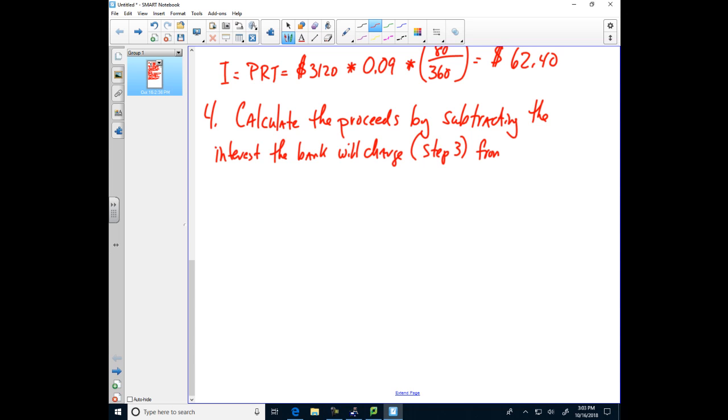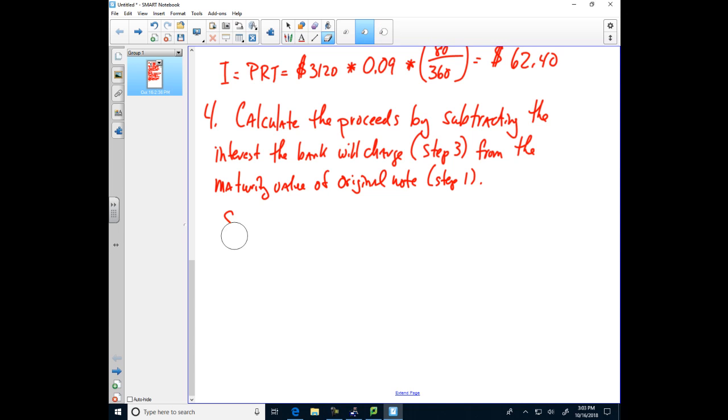From the maturity value of the original note. And that was step 1, wasn't it? Yep, 3,120. So let's see here.